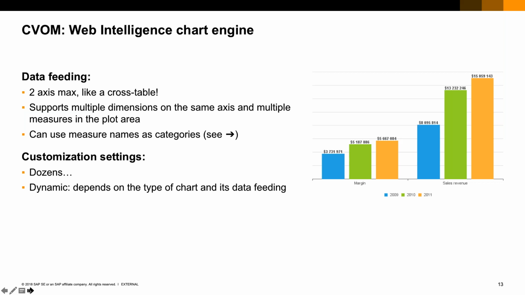This is a column chart where the measures, the margin and the sales revenue, are actually used to populate the chart. Customization settings: there are literally dozens of them, and it's fully dynamic, meaning it depends on the type of the chart and its data feeding.